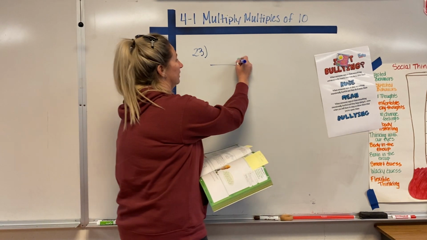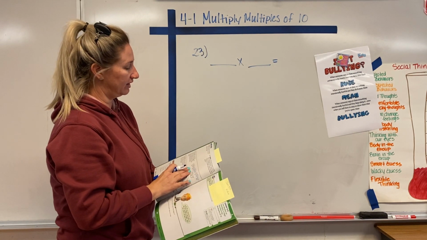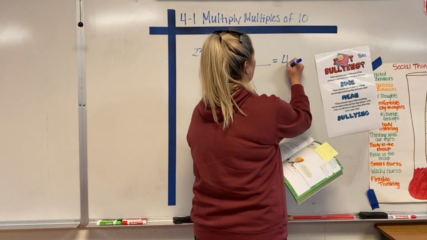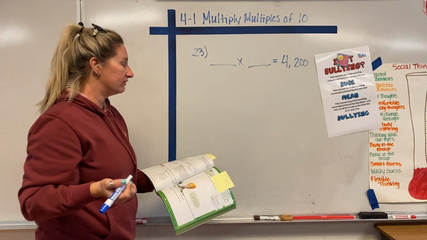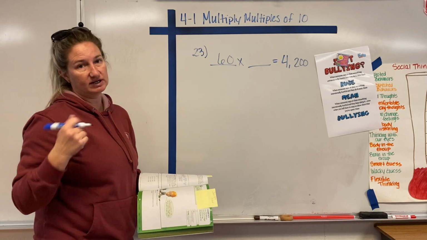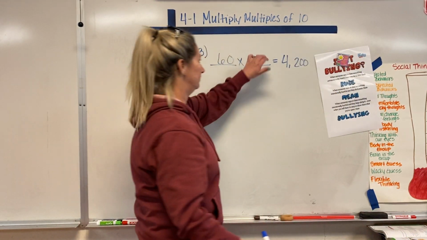So blank times blank, and the product is the answer, so the answer or the product is 4,200. Okay, one of the factors is 60, so this is like one of the problems we did on the page before, where we had to find the missing factor.